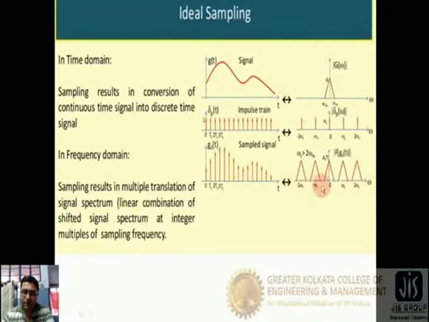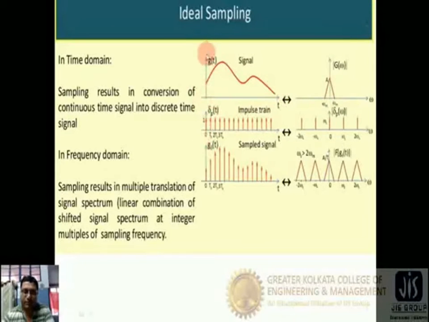In the case of the frequency domain, one side is omega and the other side is amplitude, and this is the time domain representation. In one case, one side is t and the other is g(t), or the amplitude of the signal.